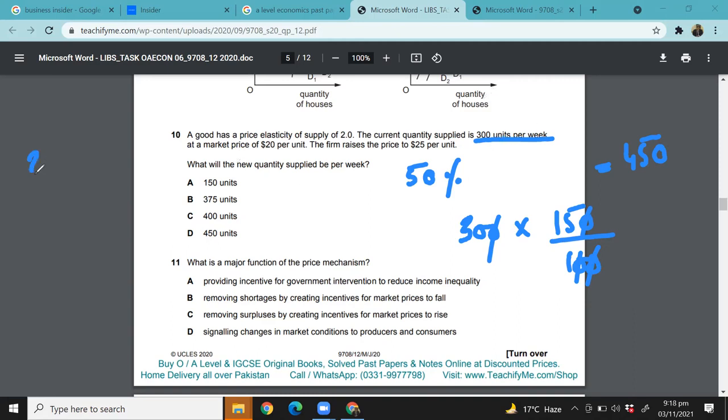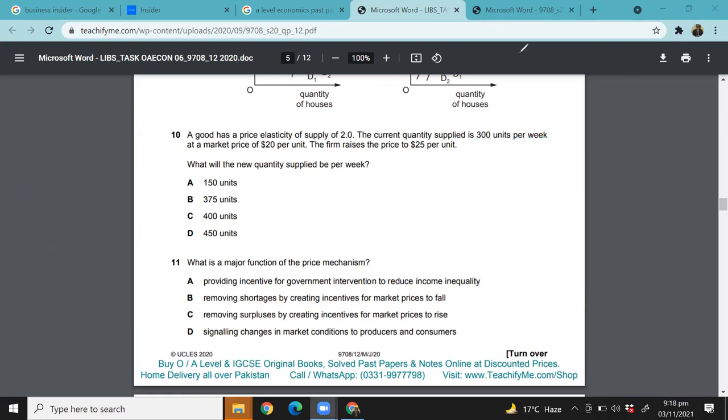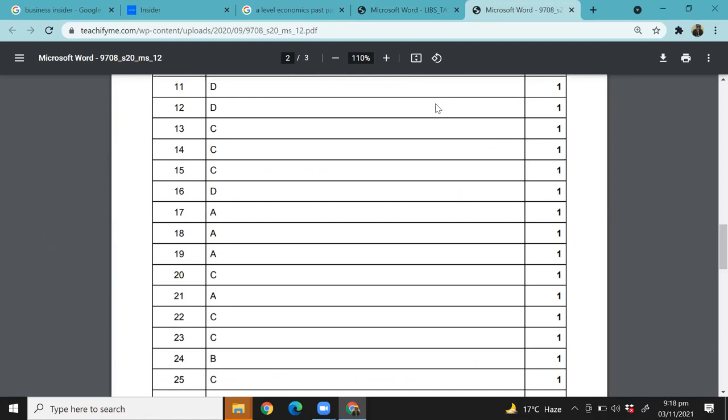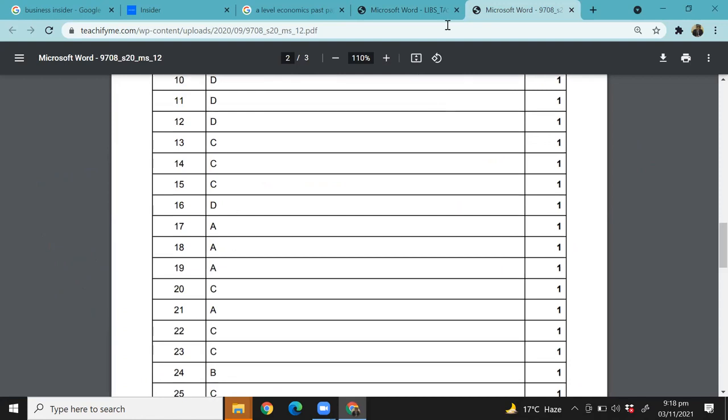Either you can calculate it like this: what is 50% of 300? 150. And then you add 150 to 300, because that is an increase, right? Easy, simple. So let's see, 10 should be D. 10 is D, right?